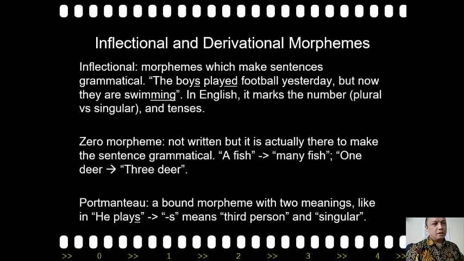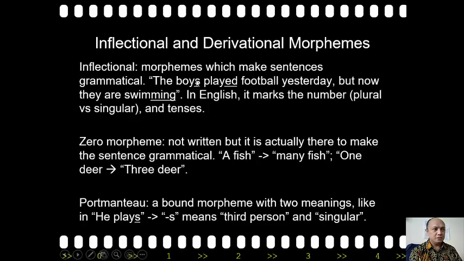Now we have come to another important division of morphemes. We call it inflectional and derivational morphemes. Inflectional morphemes are morphemes which make sentences grammatical. For example, the boys played football yesterday, but now they are swimming.